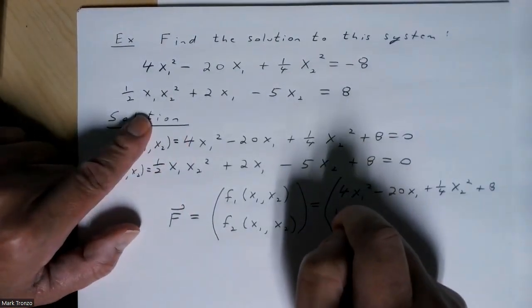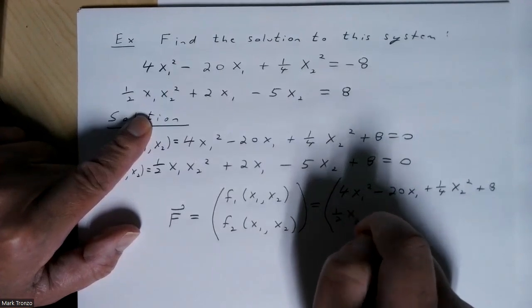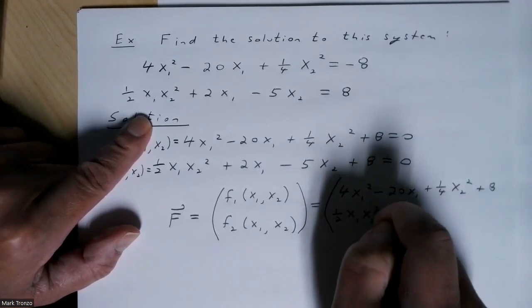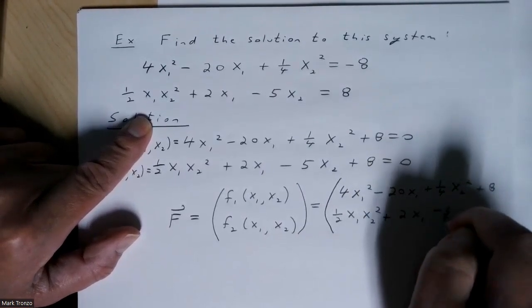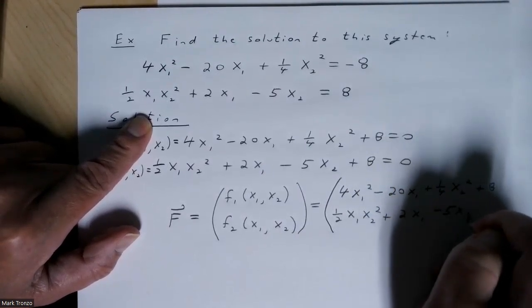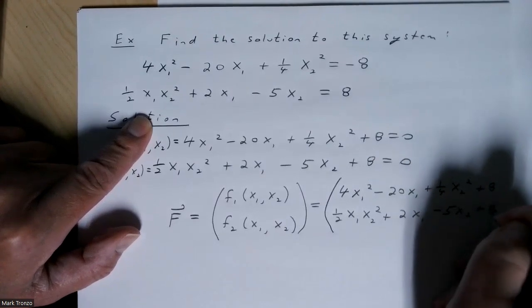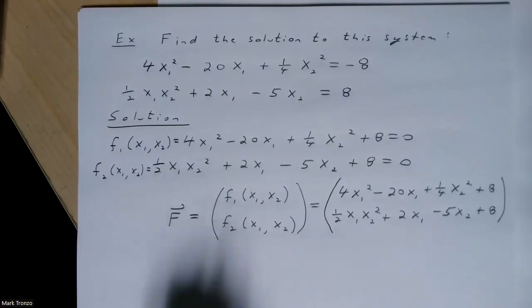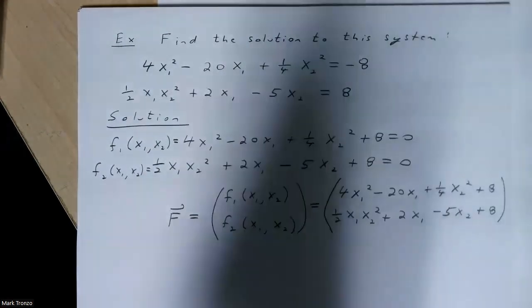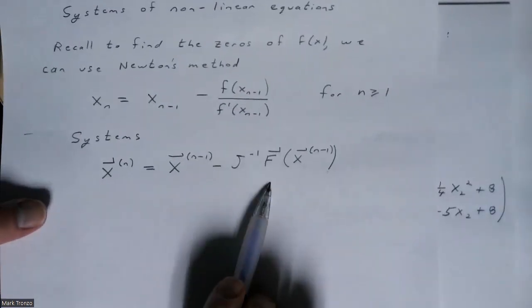And then over here, 1/2 x1 x2 squared plus 2x1 minus 5x2 plus 8, like this. And again, that's our function. And that was the function we were talking about a minute ago, this function right here.